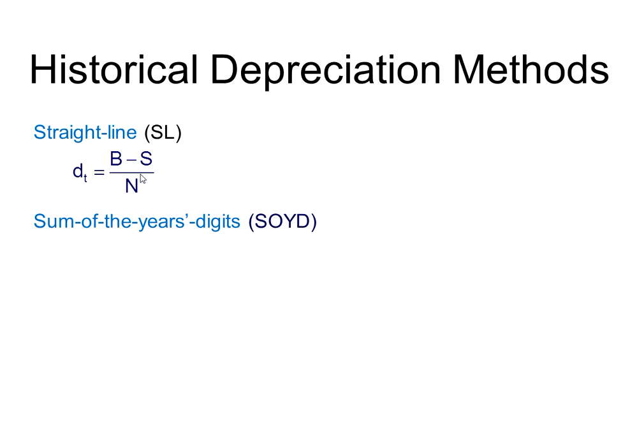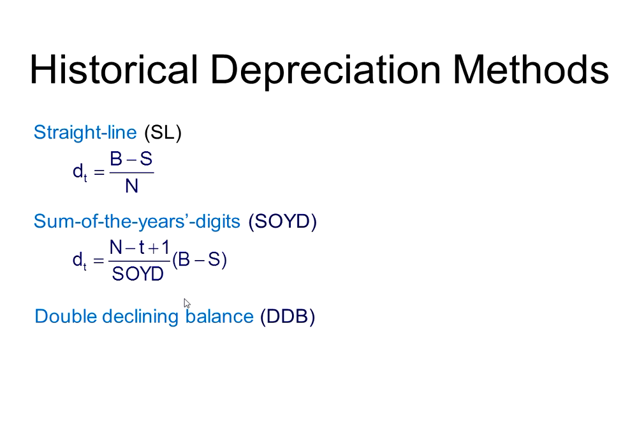The sum of the year's digits method is a little more complicated. The depreciation amount DT in period T is computed as N minus T plus 1, where N is the useful life of the asset and T is the current depreciation period, multiplied by the difference between B and S, basis and salvage value, and then divided by the sum of the year's digits.